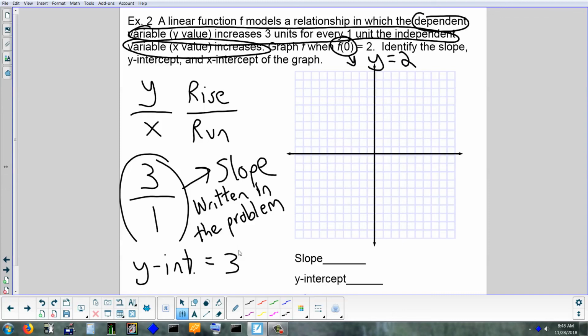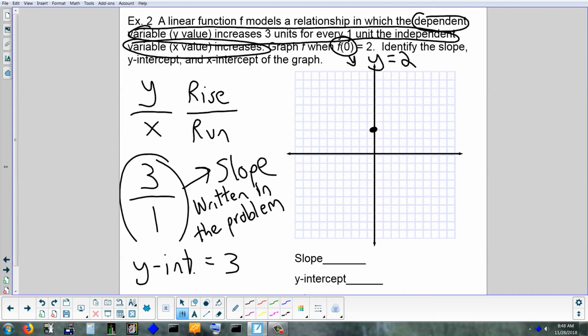Where are we going to start? Y-intercept, right? All right. So where's the y-intercept in this problem? 3. On which axis? So where do I go? Up 3. There's my first coordinate. All right. Always going to start the y on the y-axis, whatever number the y-intercept is.